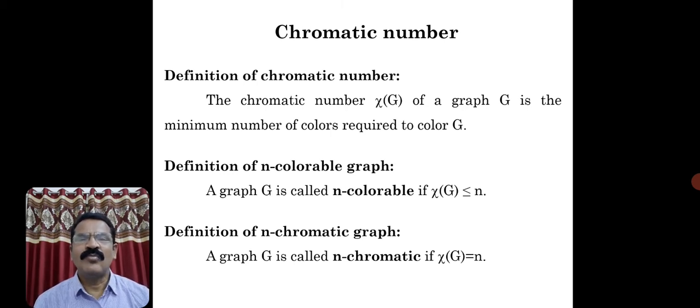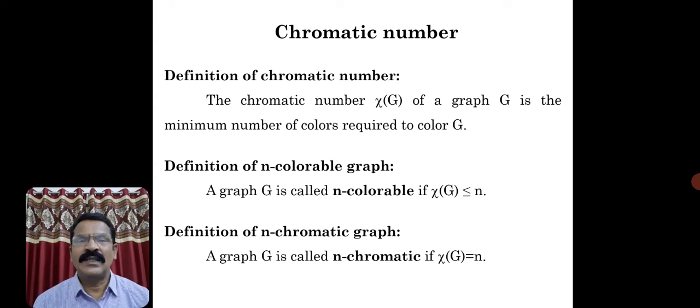Now what do you mean by n chromatic graph? What do you mean by chromatic number? The minimum number of colors required to color a graph G is the chromatic number. Now a graph is called n chromatic if the chromatic number of that graph is n. So if the chromatic number of a graph is 4, then it is a 4 chromatic graph. If it is 3, it is a 3 chromatic graph.